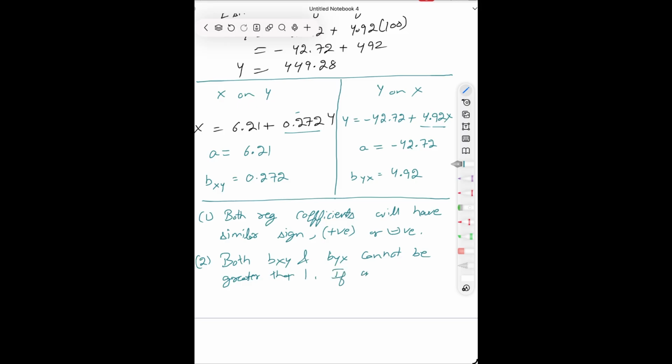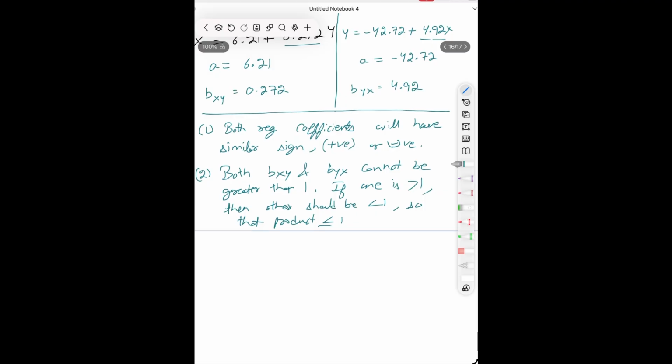If one is greater than 1, then the other should be less than 1, so that the product of both regression coefficients would be less than or equal to 1.